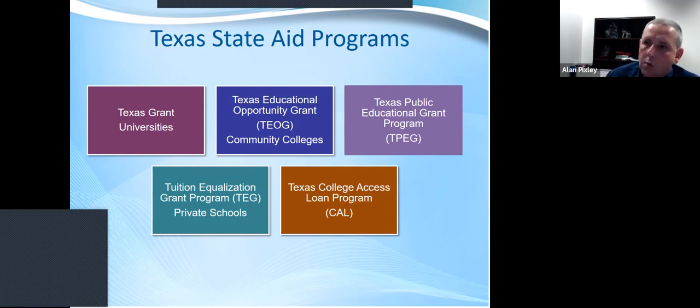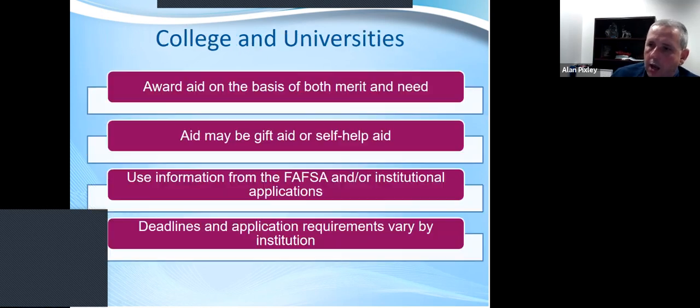So the next category is colleges and universities. Colleges and universities are going to award aid on the basis of both merit and need. Again, most of that is going to be based on merit. So they're going to be looking at SAT score, ACT score, high school GPA, those kinds of things. The aid may be gift aid or self-help aid.